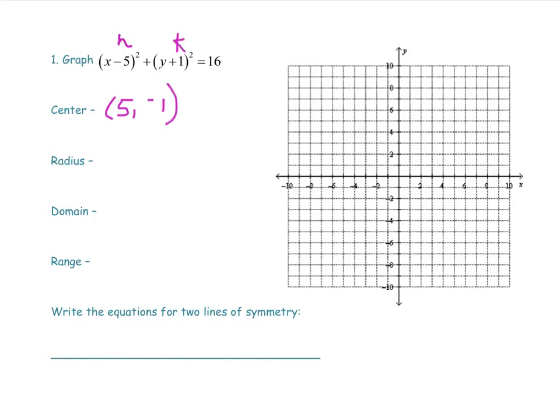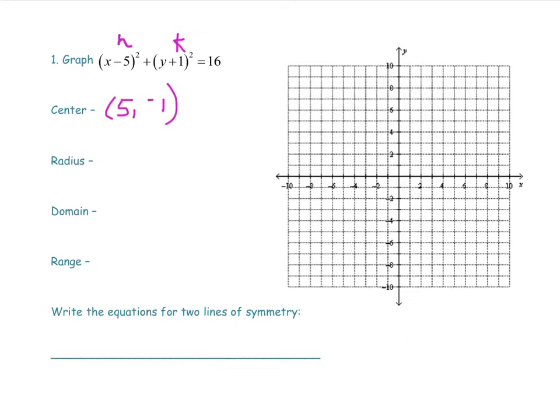Remember, you have to change the sign of the h and k value when they are inside the parentheses. And this is because the formula is x minus h and also in the formula is y minus k. So when you see y plus 1, that is y minus a negative 1.